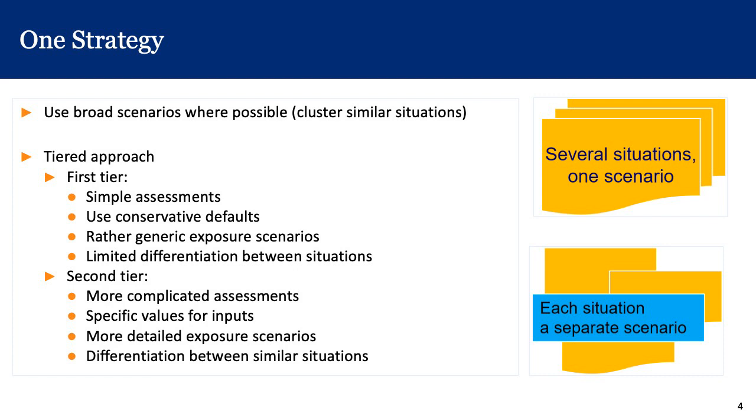So this is the first tier approach. The second tier after this is where we use more complicated assumptions and assessments. We use very specific values for the inputs, as we have discussed in the various models that we have discussed so far. And we do differentiate between similar situations in the second tier.